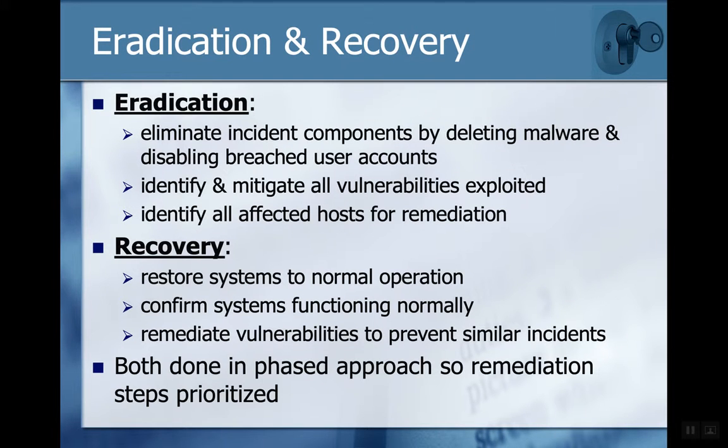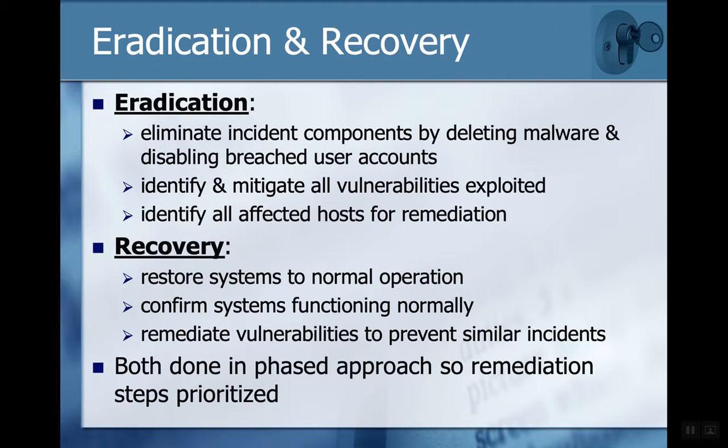Eradication and recovery: the idea is to eliminate malware, identify the scope of activities, and identify all the affected hosts. That can be a pretty large effort. The idea of recovery is restoring systems to normal operations, remediating vulnerabilities, and preventing similar incidents.